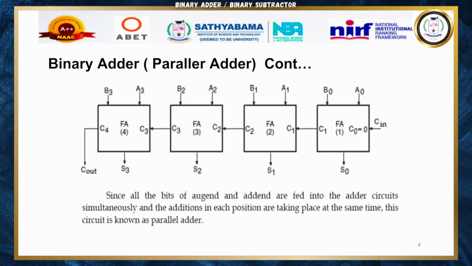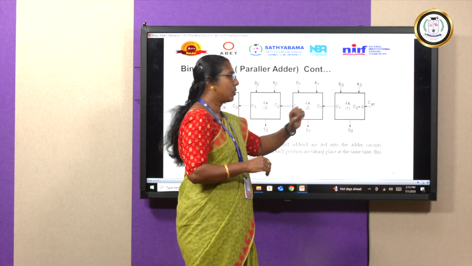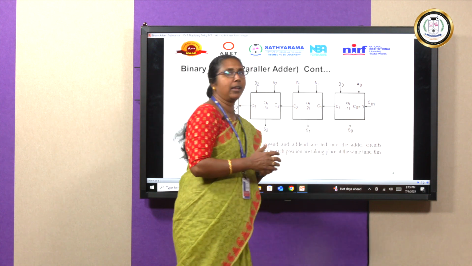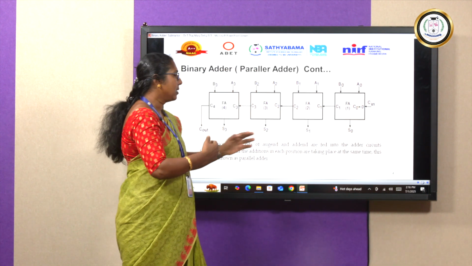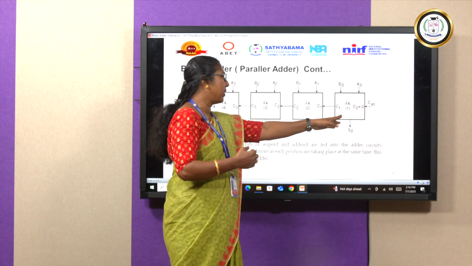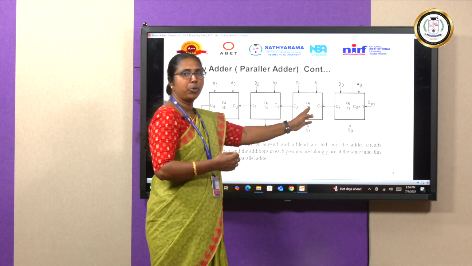So, this is the binary parallel adder for a 4-bit number. In the first stage, we take A0 and B0 as the input and it produces sum S0 and a carry. In this, the initial carry input is taken as 0 and, for the remaining stages, the carry output of the previous stage is fed into the carry input of the next stage.